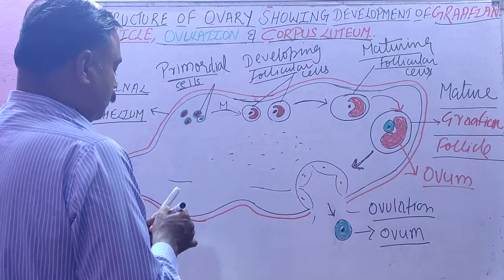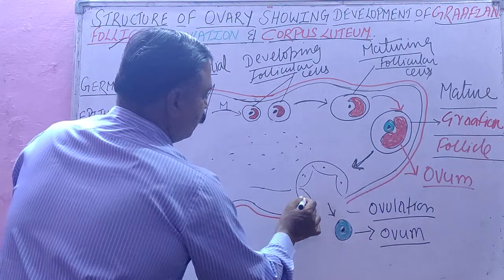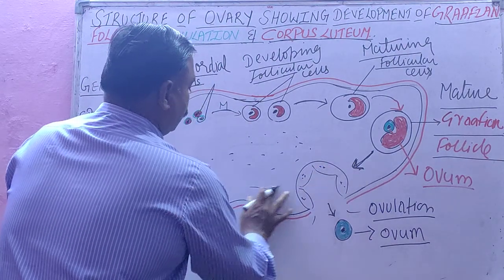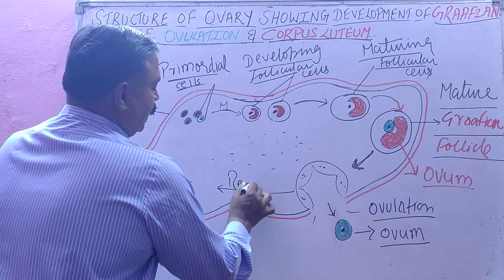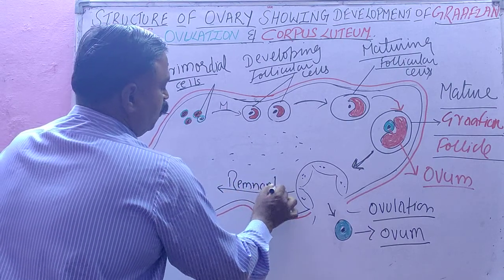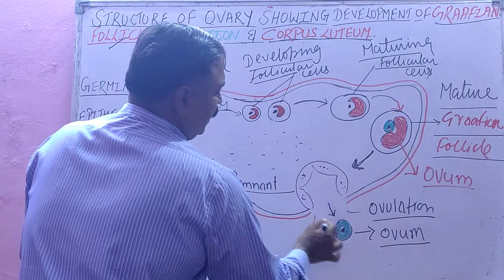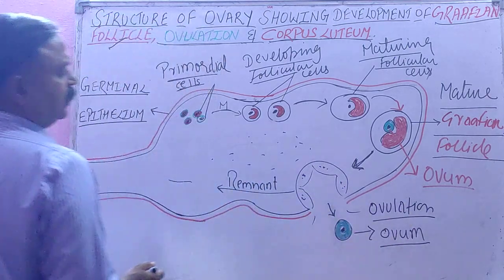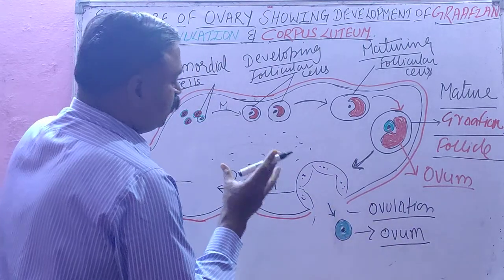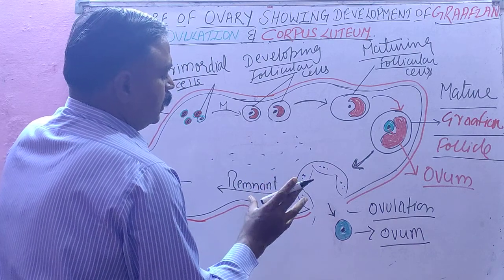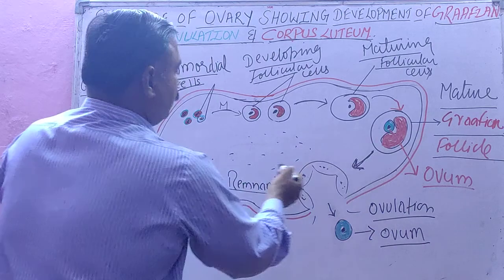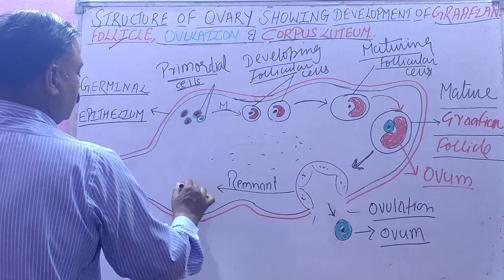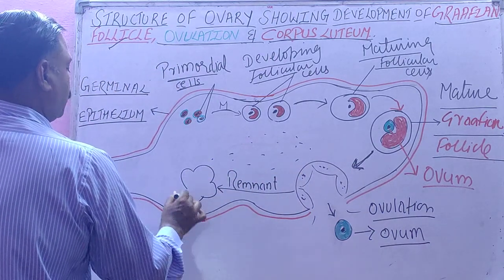And now the concluding step, observe carefully. The remnant, whatever remains after the ovulation and release of the ovum into the fallopian tube, or you can say funnel of oviduct, the remaining part of the Graafian follicle is called corpus luteum.